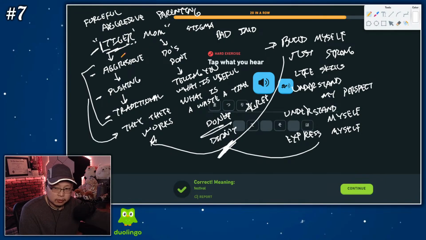So my mother is a tiger mom. She's incredibly aggressive. She knows what she wants in her child. She thinks she knows what's best for me. And because of that pushing and pulling, I grew up to be an incredibly stronger person. Even though I disagree with her, I needed to develop all the life skills to understand where my mother is coming from.